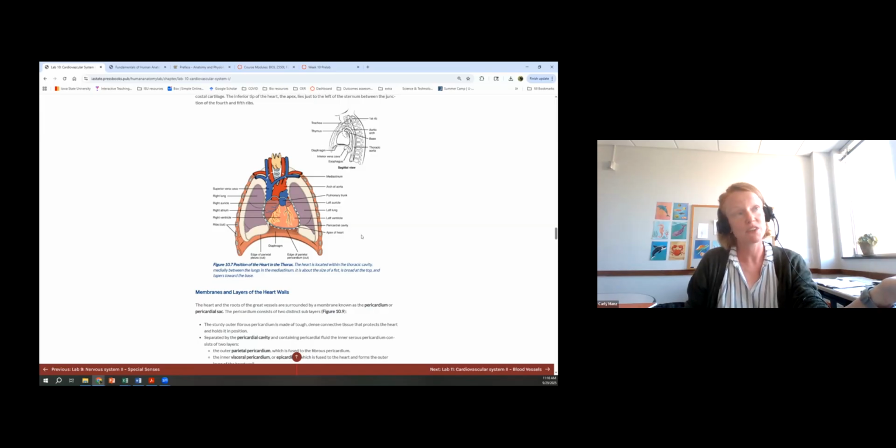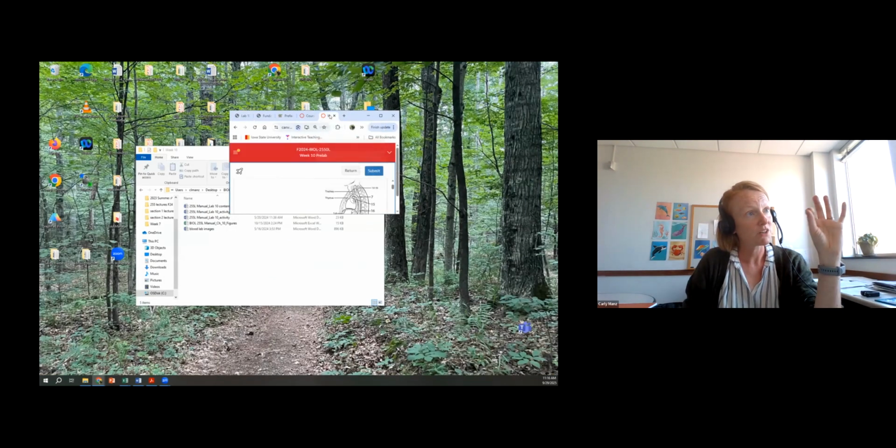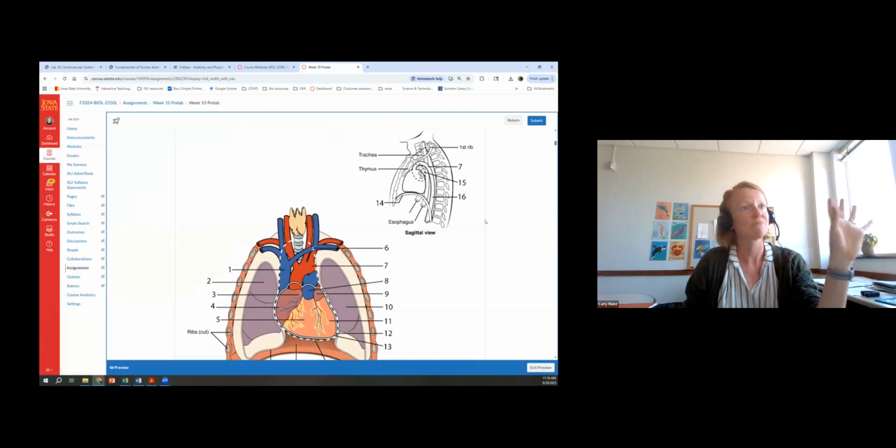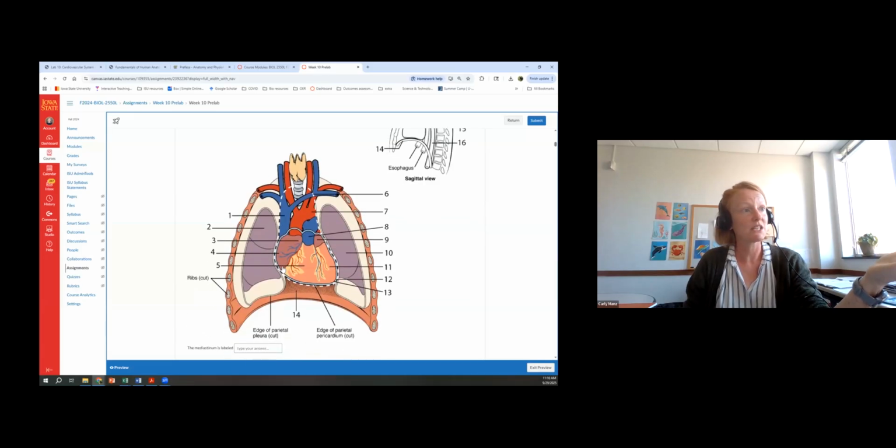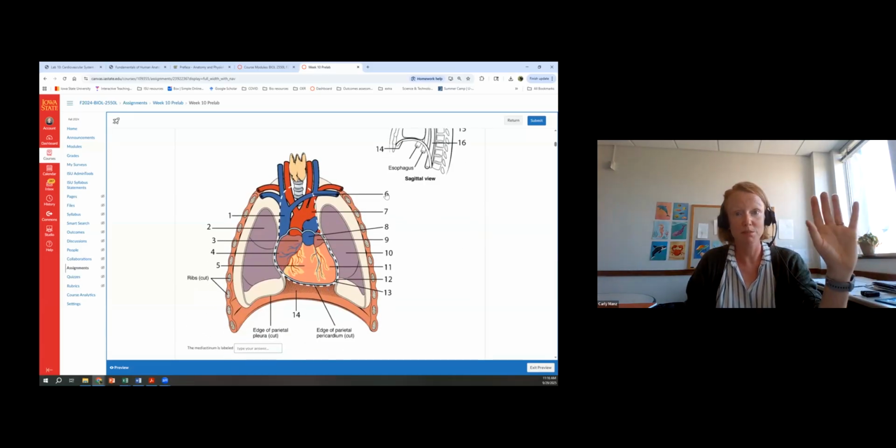We could manipulate these figures, and we ended up making these manipulated figures where they'd be the exact figures from the lab manual, but we'd take out all the labels and we'd put in the numbers.